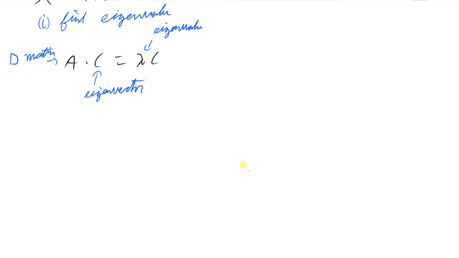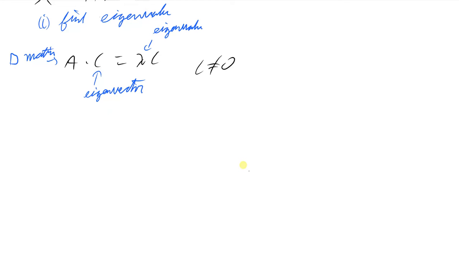We have to make sure that the eigenvector is not 0, because otherwise everything would zero out. The eigenvalue is a number for which we get our eigenvector scaled by our square matrix.